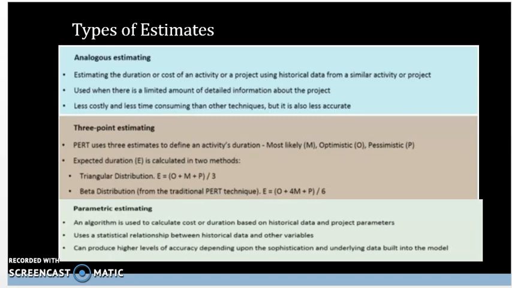This is not as likely on the exam. The most likely tested one is going to be the beta distribution from the traditional PERT technique. It's going to be the estimate equals optimistic estimate plus 4 times most likely plus pessimistic, all divided by 6. So if you get that formula down, you should be ready for the exam.